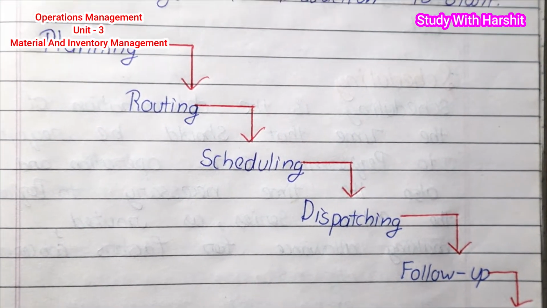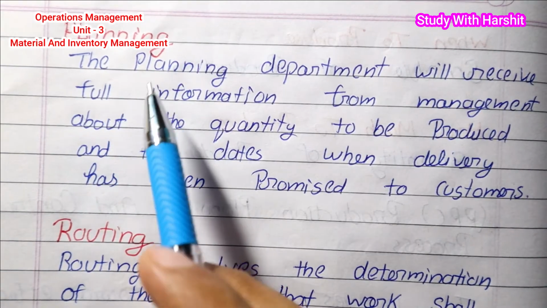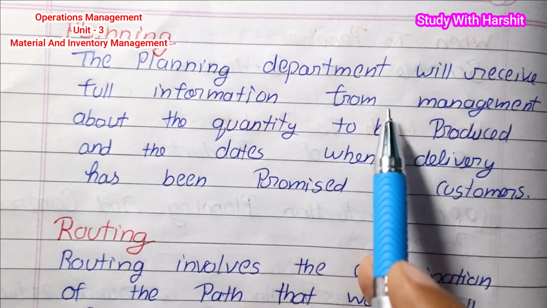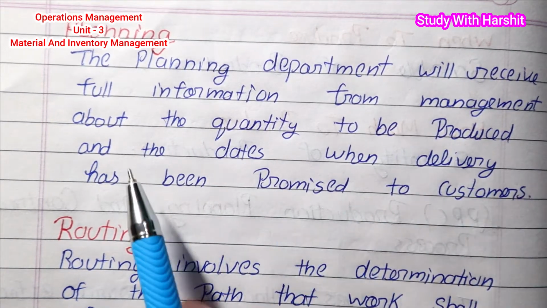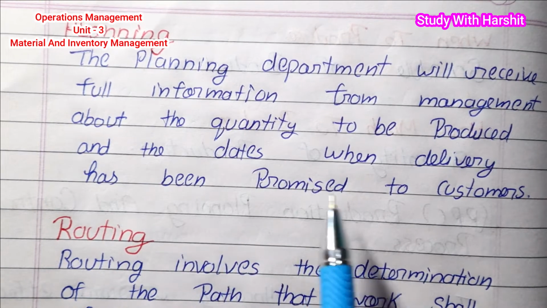It is the diagram of production, planning, and control. Planning. The planning department will receive full information from management about the quantity to be produced and the date when delivery has been promised to the customer.